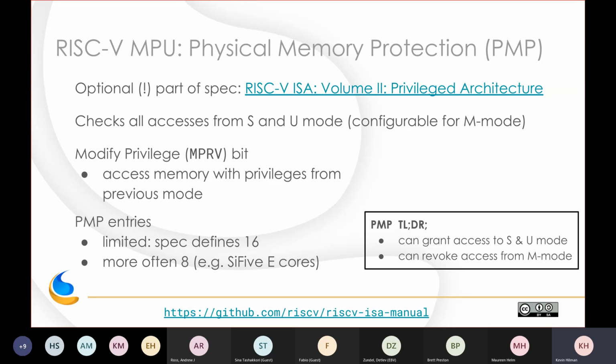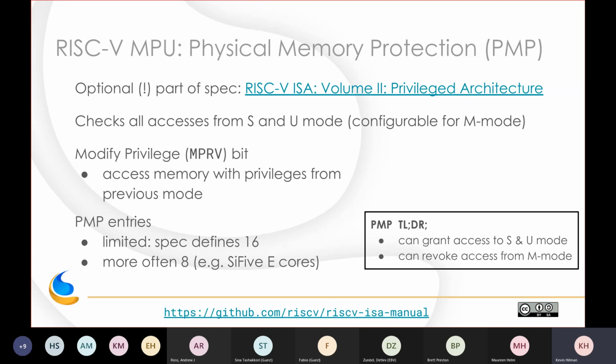The PMP is basically the part that will check all the memory accesses from the supervisor and user modes, and catch them and trap them so that the machine mode code can detect memory faults for code that does not have the right privileges. And you can actually configure the PMP to check accesses even from machine mode as well.